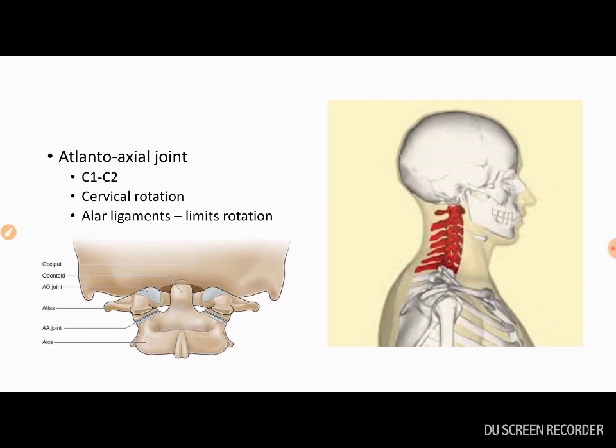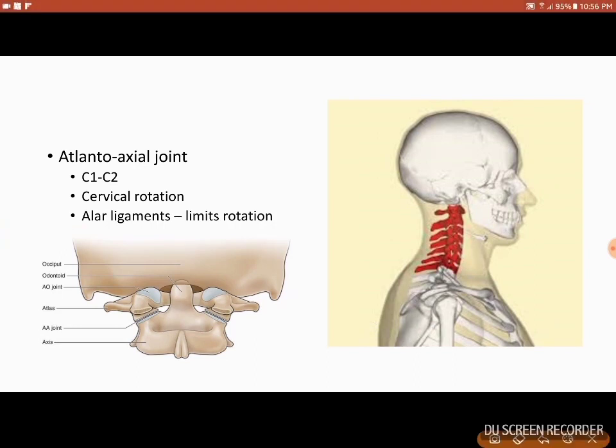Next is the atlanto-axial joint. It forms between the atlas and the axis. The motion happening at the atlanto-axial joint is cervical rotation. And your atlanto-axial joint is the most mobile joint in the cervical region.